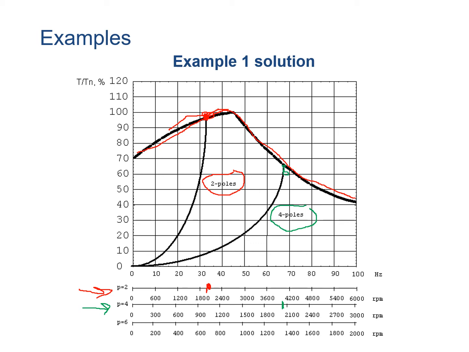So this is the same pump, the same curve basically, but depending on the motor choice, we find it here or we find it there. So both cases are valid. So in both cases, it will be the right choice.